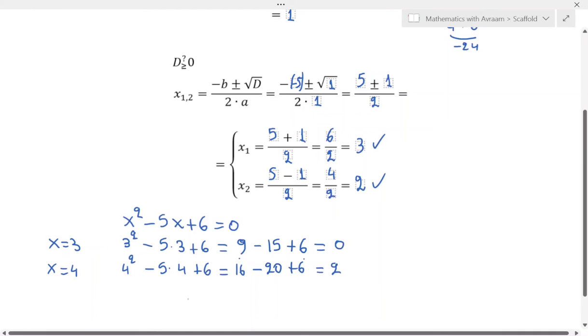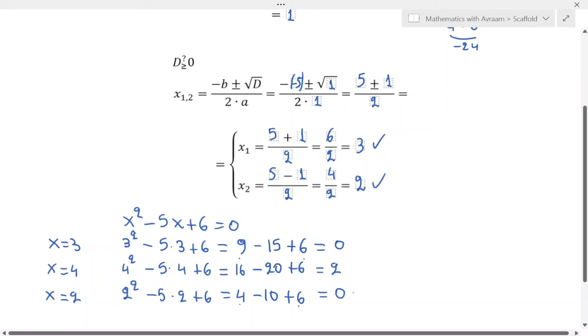So let's verify also 2 as a solution. So again, I plug in x equals 2, and I have 2 squared minus 5 times 2 plus 6 equals, that's 4 minus 10 plus 6, and again 4 and 6, that's 10, minus 10, that's 0.